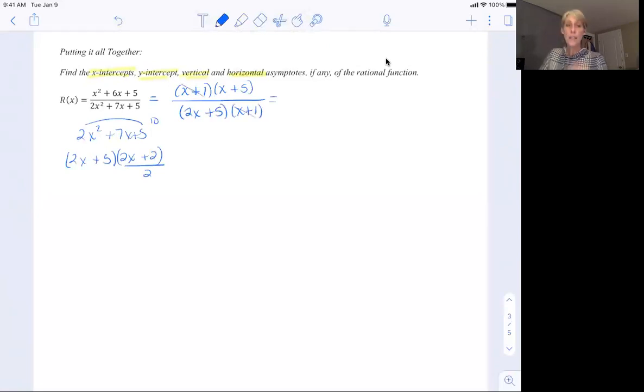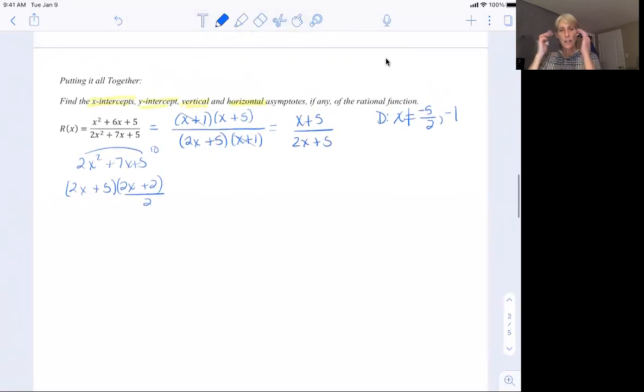It's also a good idea, even if you're not asked to do it, to just kind of in your head know what the domain of this function is. So x can't equal -5/2 or -1. That's always a good kind of thing to have in your head, what numbers you can't plug into this function.